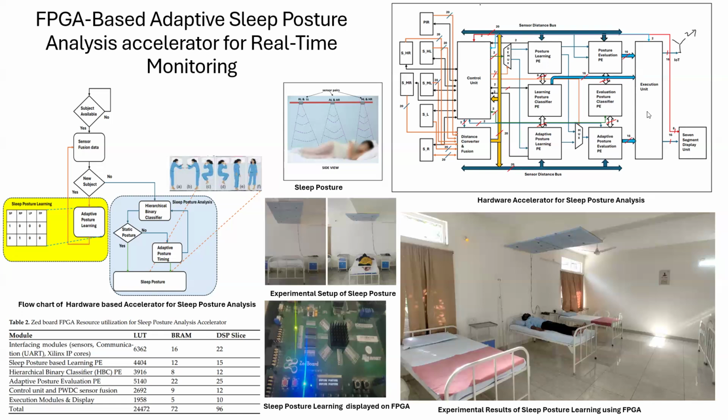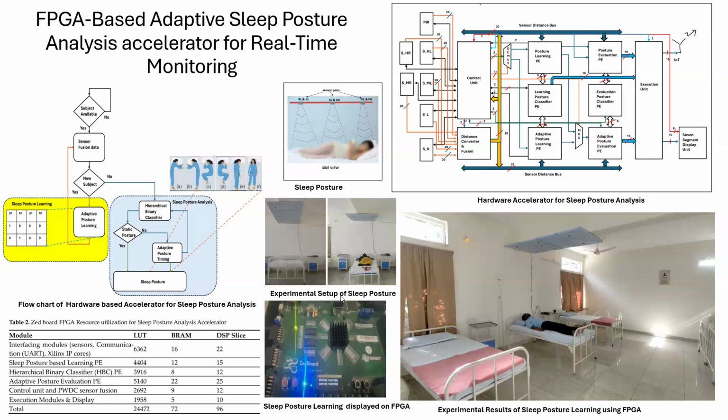Once the learning is over, it immediately shifts to evaluation, sending the information through IoT, through the ESP8266, to the attenders, the hospital people who require the posture analysis of the individual subject. We also show a 7-segment display unit on our FPGA board.